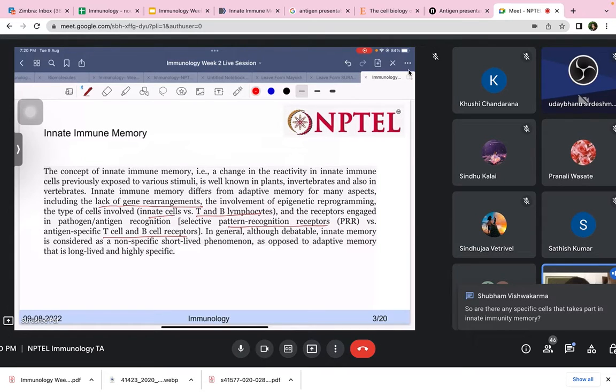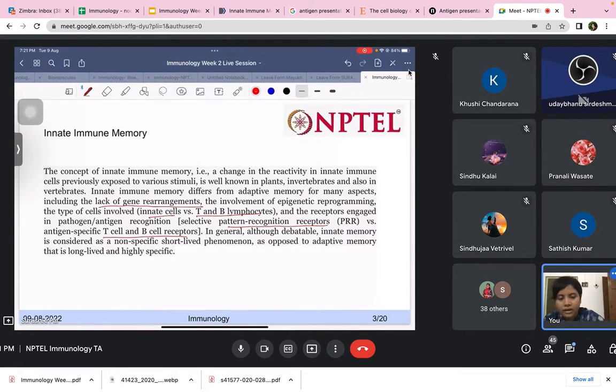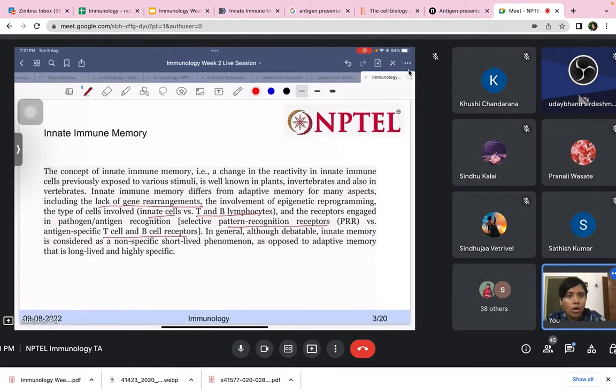Innate immune memory, yes, involves the innate cells that I was talking about: the macrophages, the dendritic cells, the neutrophils. These kinds of cells are involved in the innate immune system. These cells are only involved in innate immune memory, right? So the immune cells adjust themselves in a certain way when they face the antigen or the pathogen for the second or the third time, right?